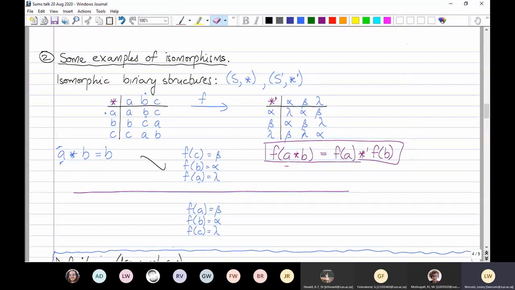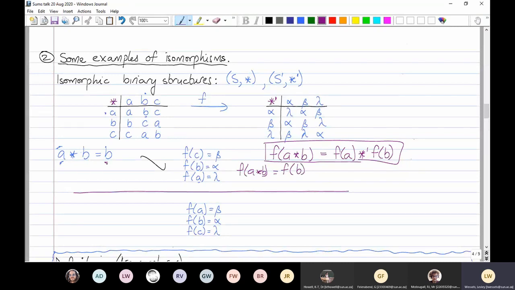Let's see if we actually get that. On the left hand side, I have F of A star B, which is then F of B.